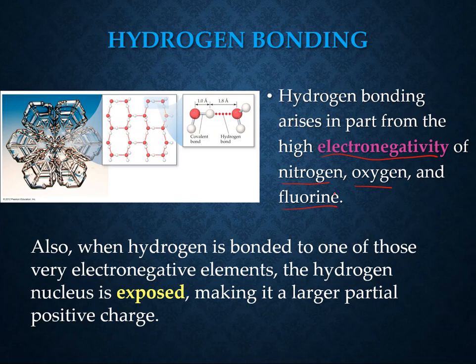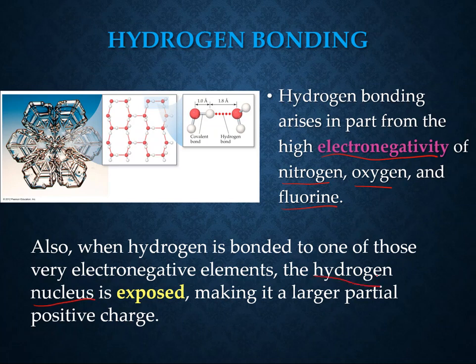The other thing, though, that makes it a dramatic increase in strength is due to the fact that hydrogen's so small, and it's so small it only has that one electron, one proton arrangement. Being so small, if that electron spends more time around the electronegative element like oxygen or fluorine, it exposes the hydrogen nucleus, which has just the one proton.